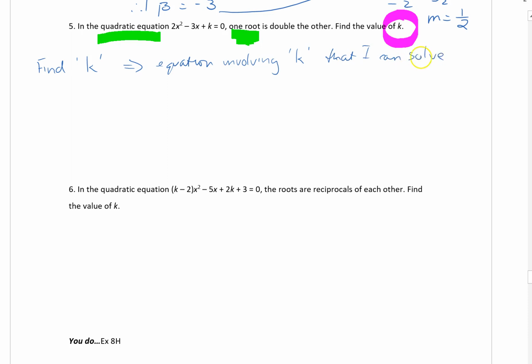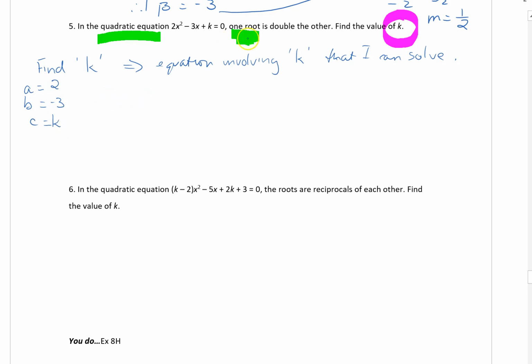So we use the ideas about roots and quadratics to form equations. So from the quadratic, we know that a is equal to 2, b is equal to minus 3, and c is equal to k.